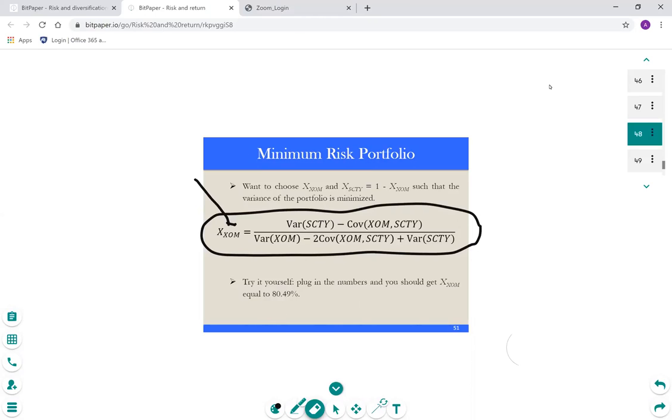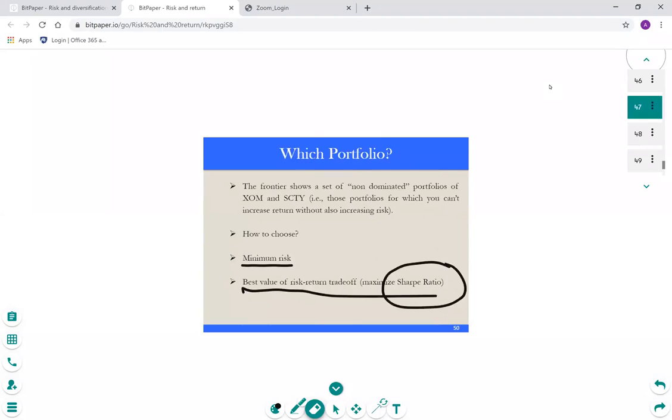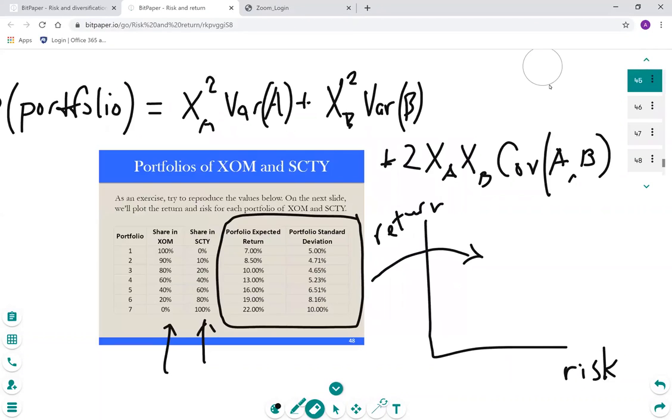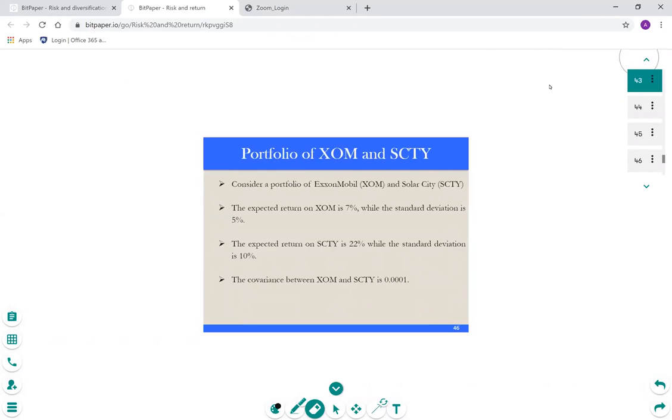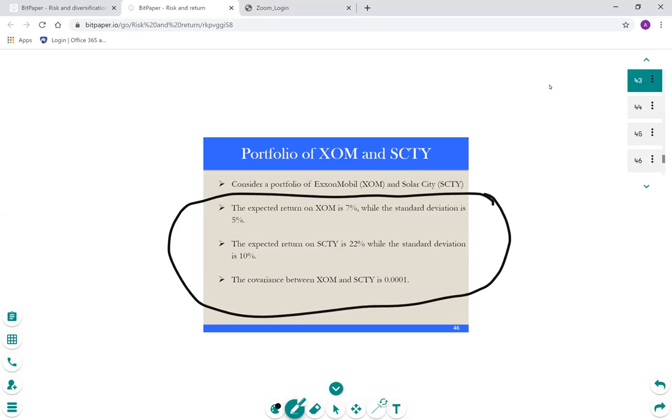But if you plug in, these are just the parameters that we were looking at before. These are just the individual variances, the covariance, and the returns. All that stuff just comes from right here.